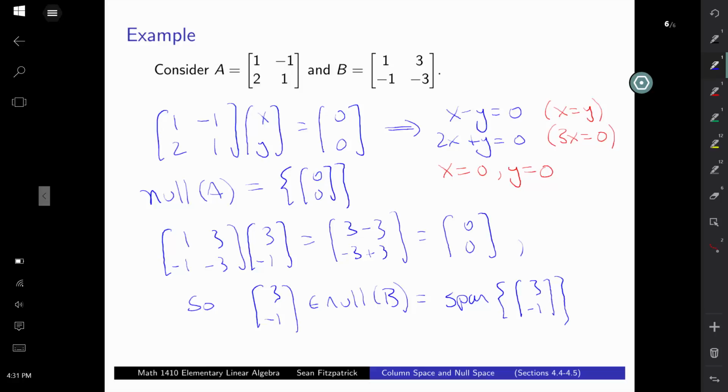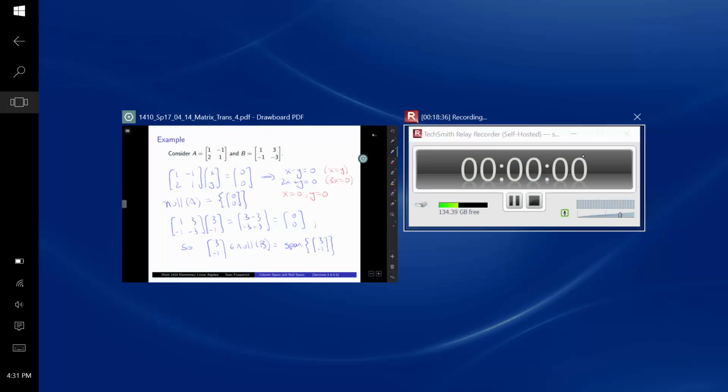The only way everything in R2 would get sent to 0 is if B was the 0 matrix, right? There are lots of values that we could plug in that don't get us to 0. So we expect that the null space is one-dimensional in this case. Okay, that's it for matrix transformations.